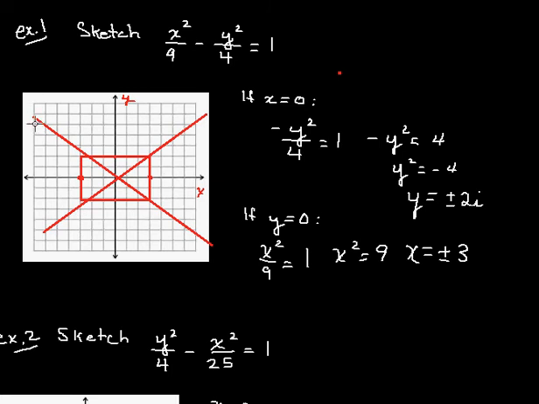Our hyperbola is going to approach these lines but never touch them. So I'm going to try to draw it in here. It's going to look like this. Let me try that again. This would be our hyperbola right here, the blue.